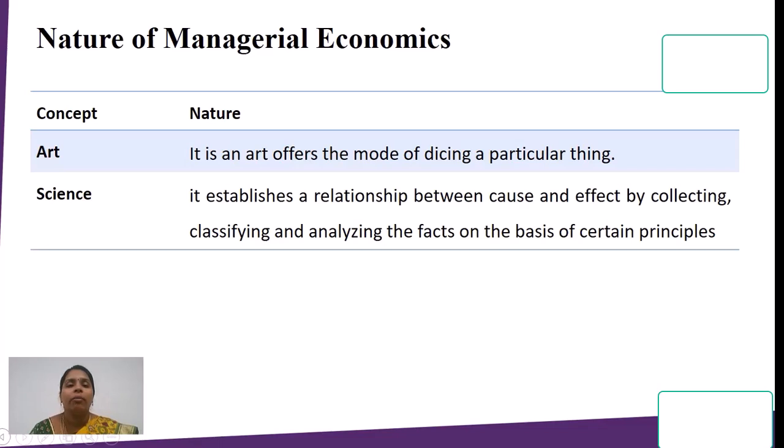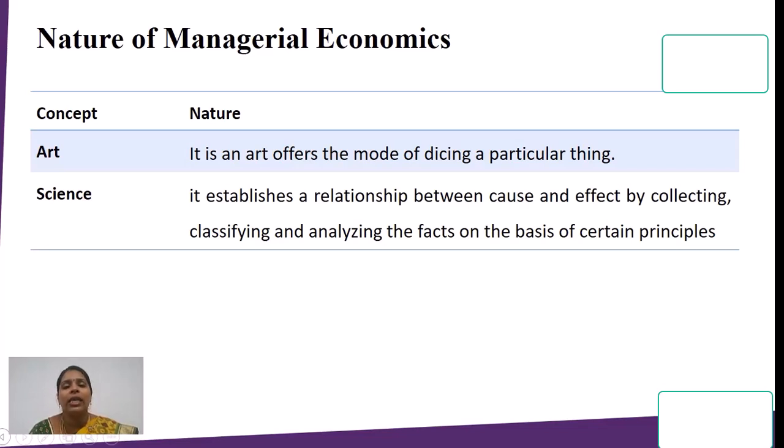We call managerial economics a science as it establishes a relationship between cause and effect by collecting, classifying, and analyzing the facts on the basis of certain principles. We call it science because we can do experiments and prove that the theory is applicable. For example, if we have a demand forecast, we can prove that the demand forecasted by a managerial economist is right by checking the sales record or customer intake record.